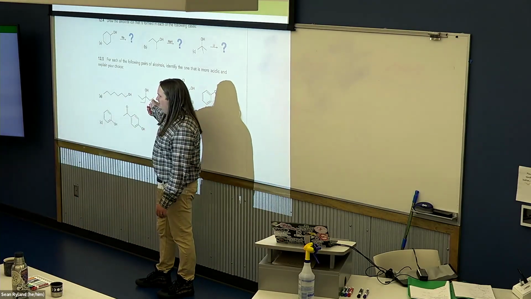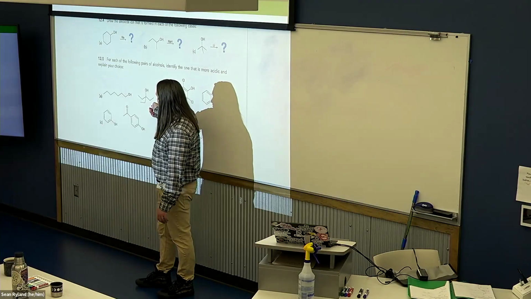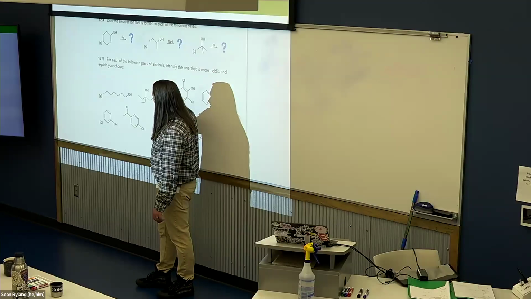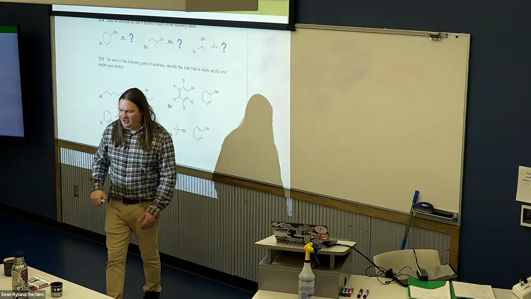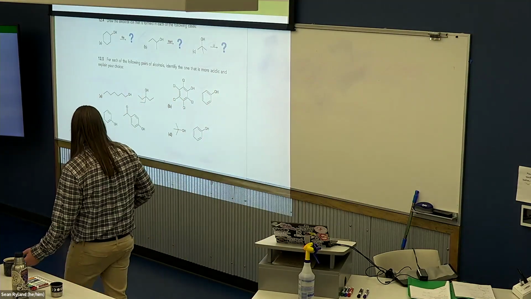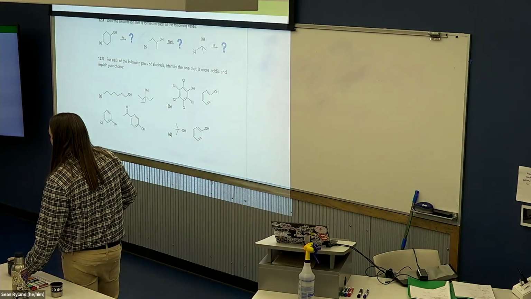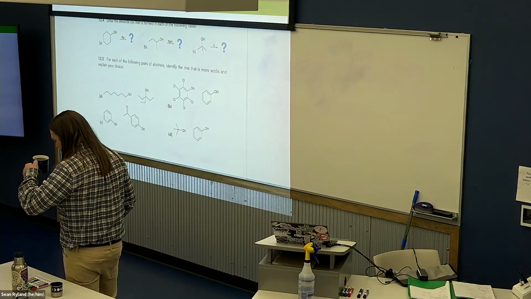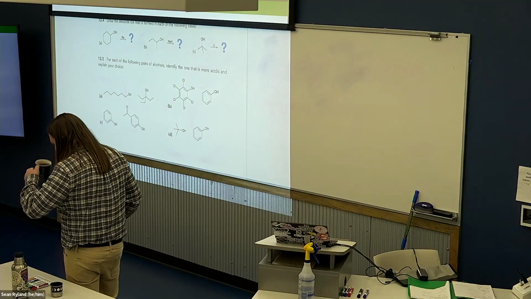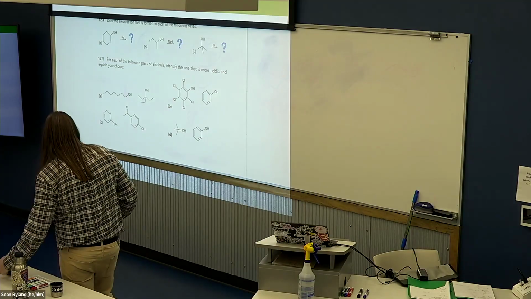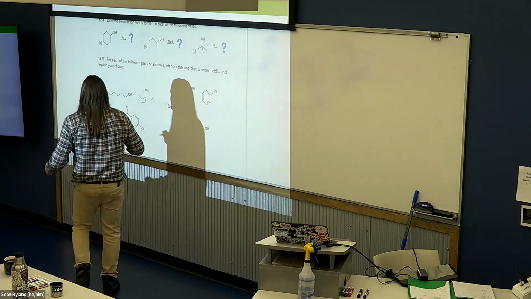So for A, is there any resonance? No resonance. Are there any electron withdrawing groups near the alcohol? No. So all that matters then is sterics, that is, solvents. The one on the left is better. Correct.